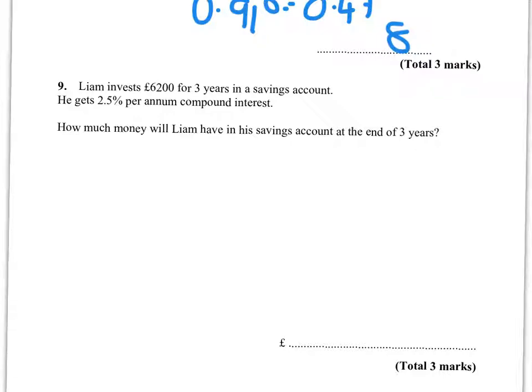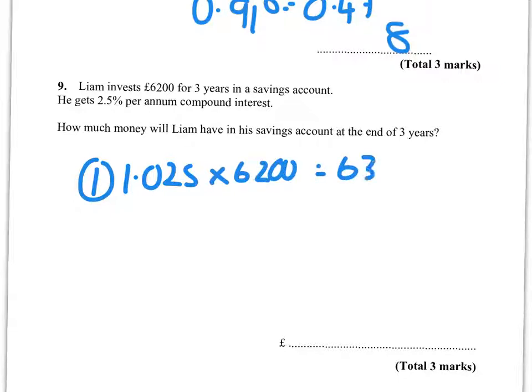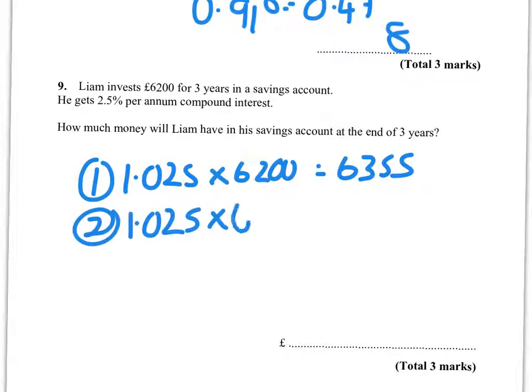Year 1 is going to have 2.5% of 6,200, which is 6,355. In year 2, 2.5% of 6,355.